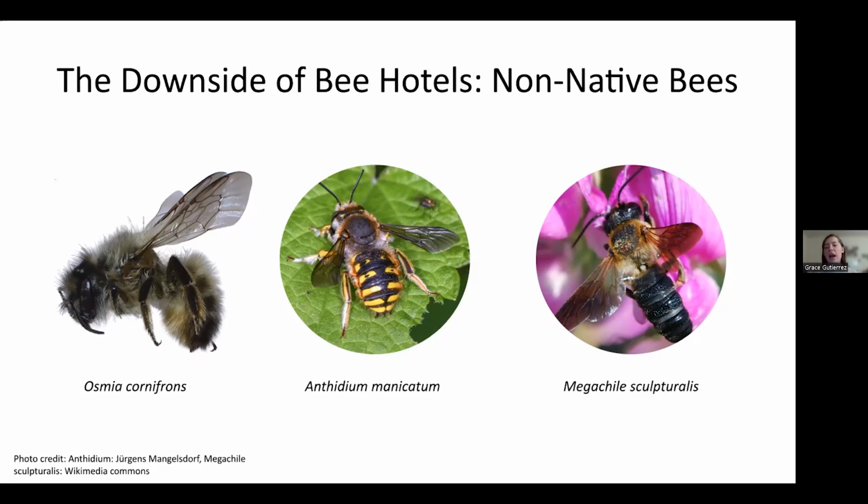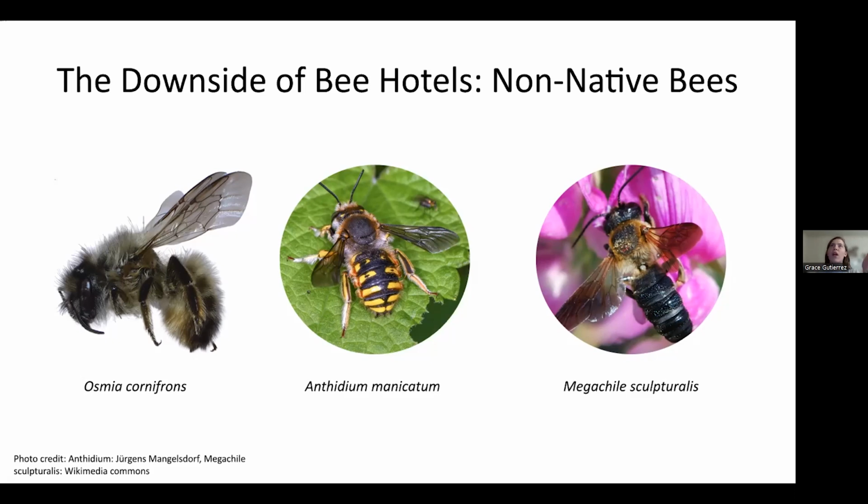Megachile sculpturalis is the same way. They're very aggressive. They're known for attacking bees that come near their nesting resources. The problem is that when they nest in a bee hotel, it decreases the number and likelihood of a native bee nesting in there. I know one study done in 2020 found a significant decrease in the number of native bees as the number of non-native bees increased in a bee hotel.